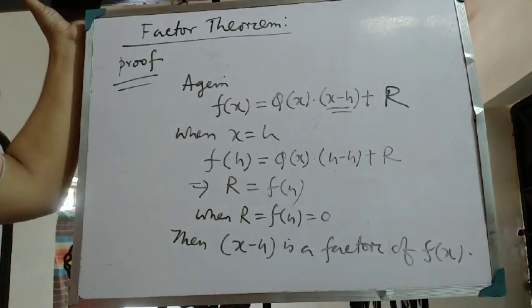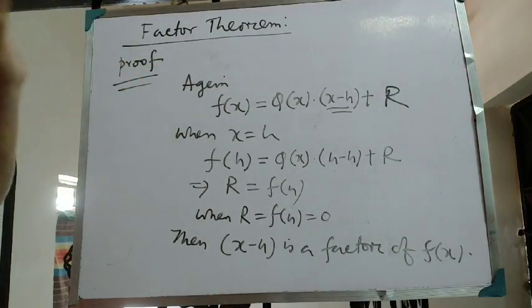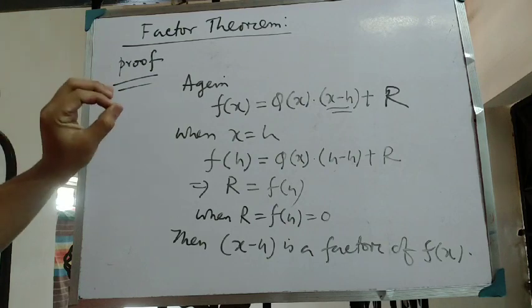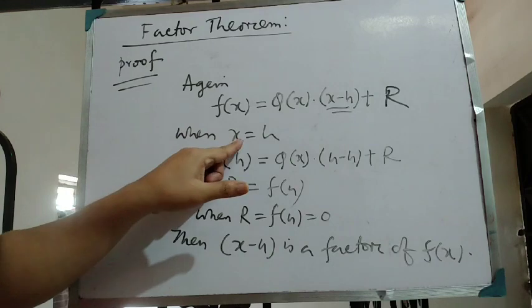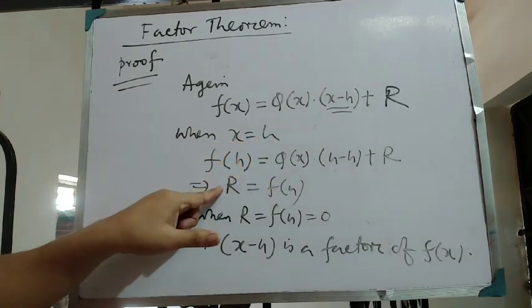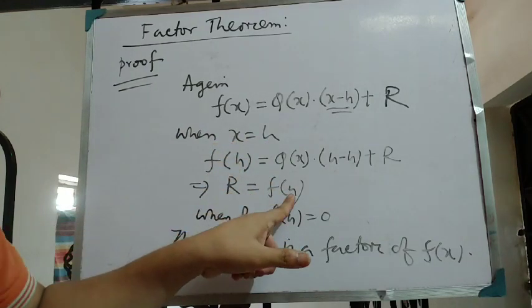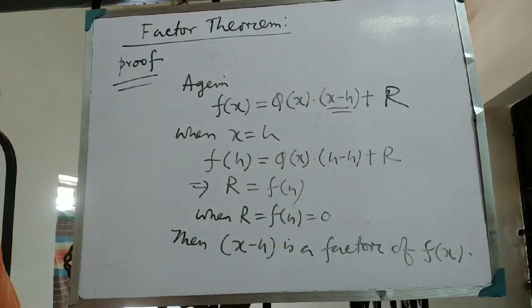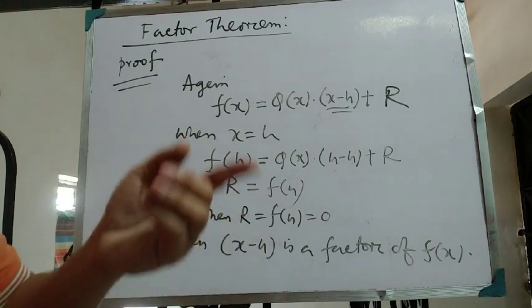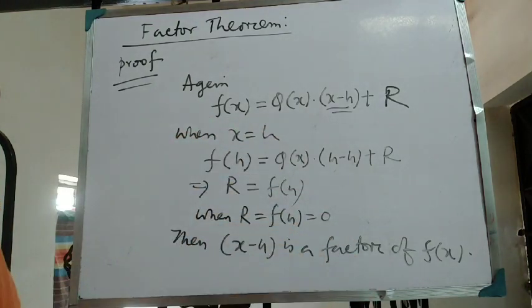As simple as that. You can see that the factor theorem comes from the remainder theorem. When x equals h, you get the remainder f(h), and you have already said that when one polynomial is completely divisible by another polynomial, the remainder must be 0, and when the remainder is 0, we can say the divisor is a factor of that dividend.